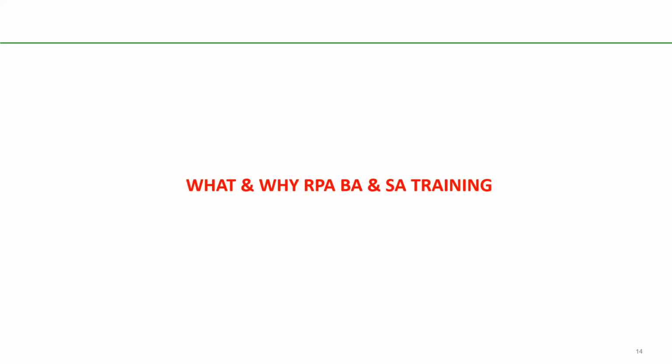Based on the budget, the company, and the client requirement, a dedicated RPA business analyst and a dedicated RPA solution architect work together and complete the discovery and solution design phase, and then the RPA developer comes into the picture at the implementation phase. But most companies expect the business analyst and solution architect as the same role, a techno-functional specialist. There are many reasons. Of course, one of the reasons is budget. They want to stay on budget.